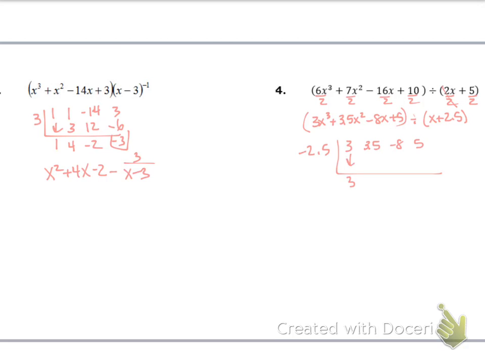I drop the first one, multiply on the outside, add on the inside, and repeat. I started at cubed, I jumped down to squared, and that's my answer. So if you have a number sitting in front of x, you need to divide everything by that number, even that 5 back there, to get rid of it.